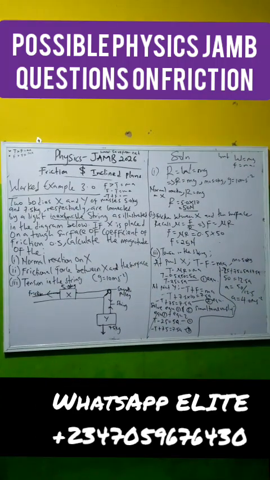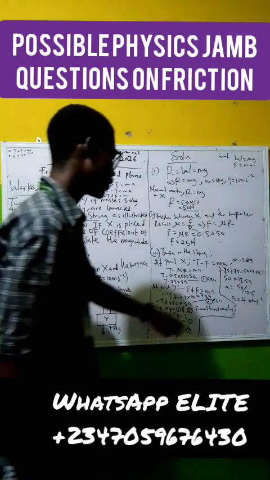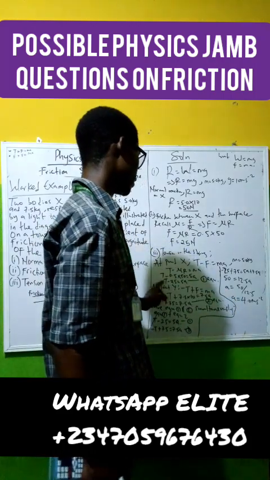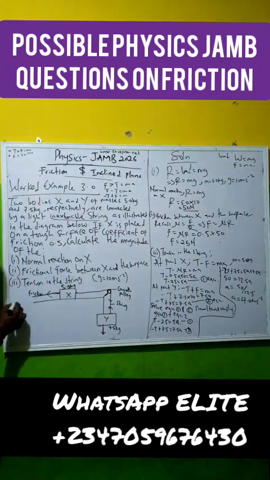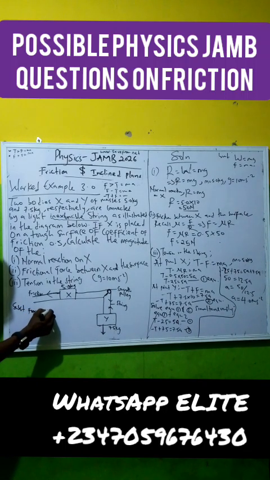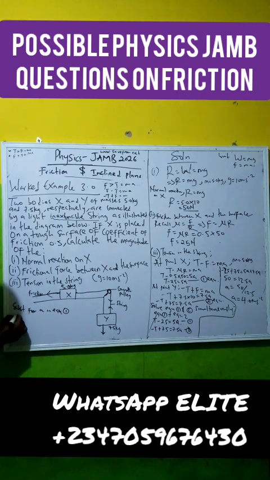So what are we asked to calculate? They say we should calculate the tension in the string. So since we've found A, we can just substitute for A in any of the equations. Let's pick equation 1. What's equation 1?